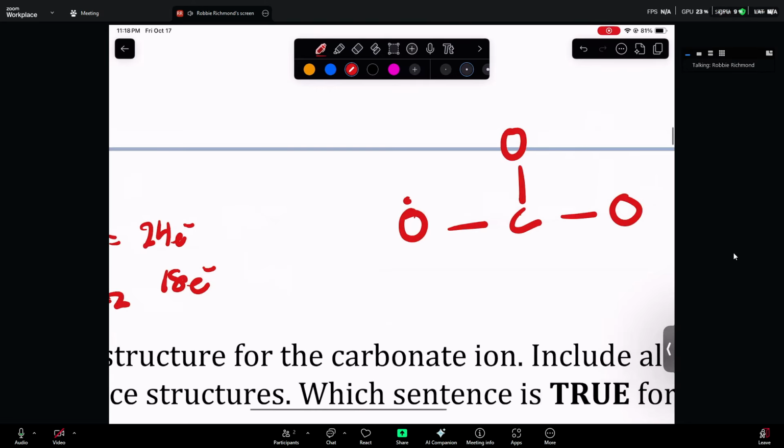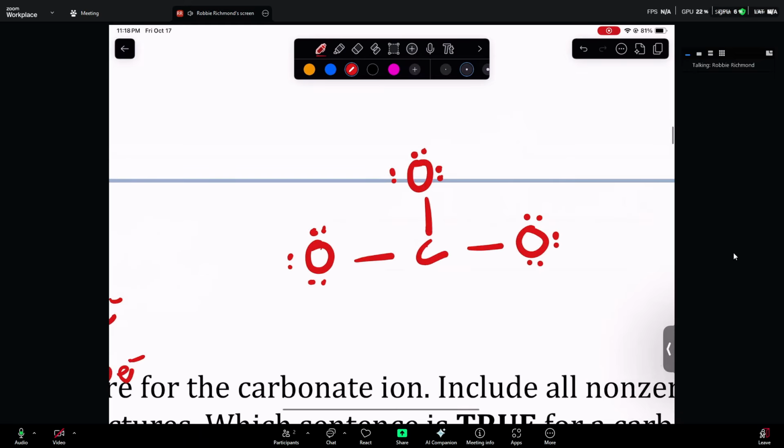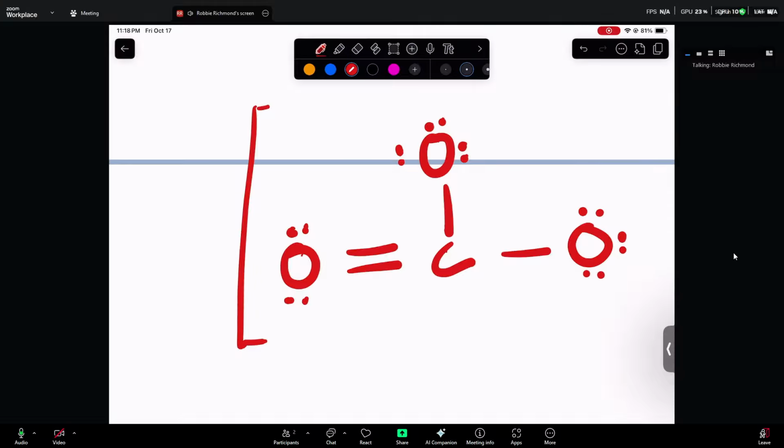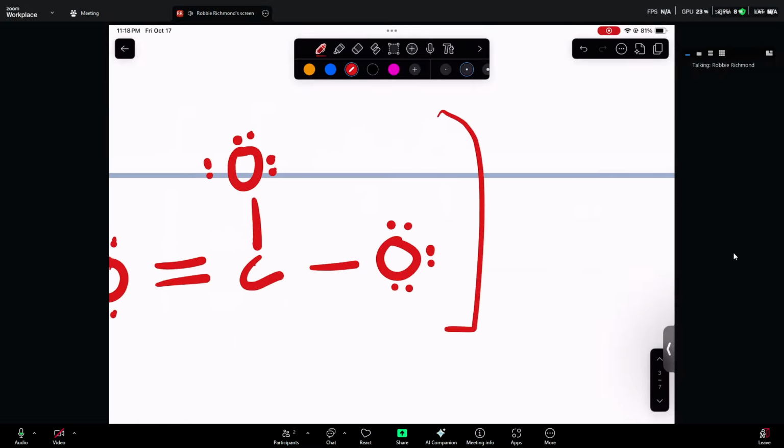Let's throw all the external atoms a lone pair to fulfill their octet rules. And that cost all of our 18 electrons. Issue here is this carbon in the middle does not have a fulfilled octet. So we will have to take one of these lone pairs and double bond it. Now, if we're looking at the formal charges for everything, they should all equal negative 2.